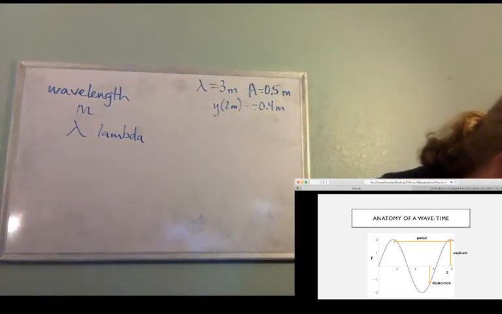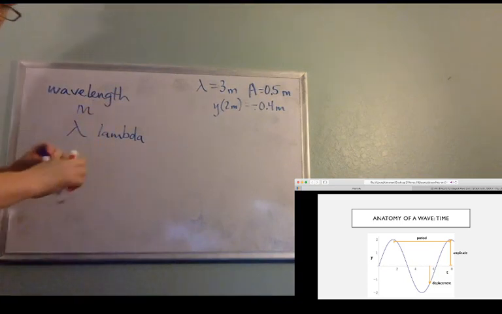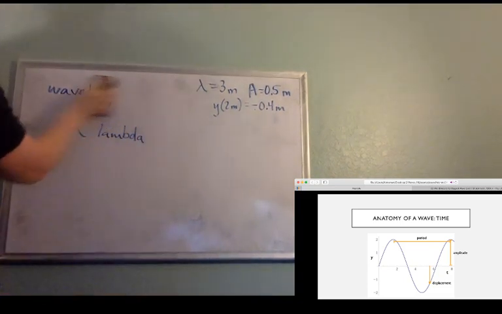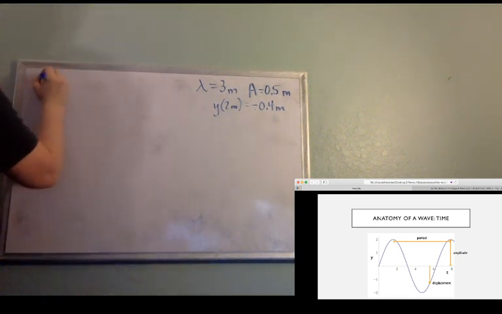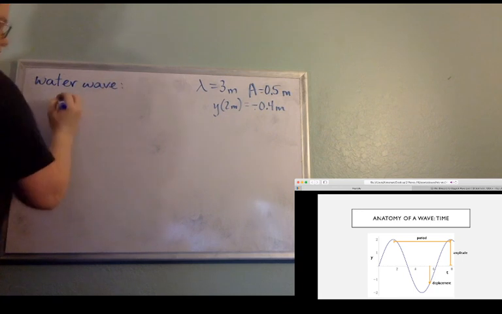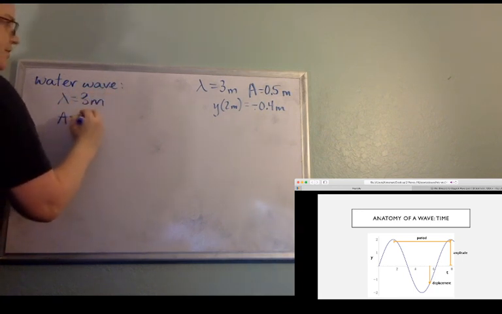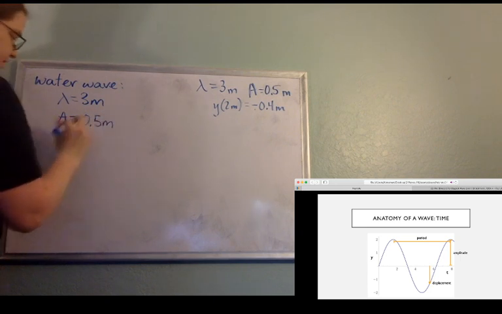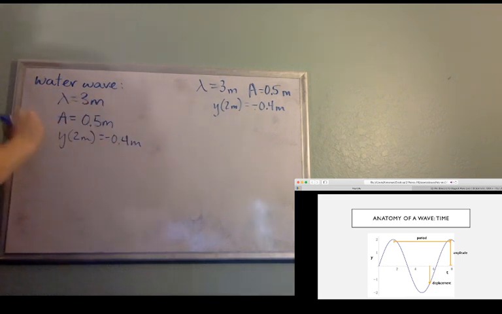And I think I need a better blue marker, so I'm going to try this one. So let's see. For our water wave, oh, that's much better. We have lambda equals 3 meters, amplitude is 0.5 meters, and y of 2 meters equals negative 0.4 meters. Okay.